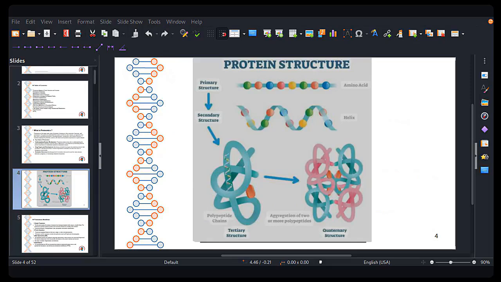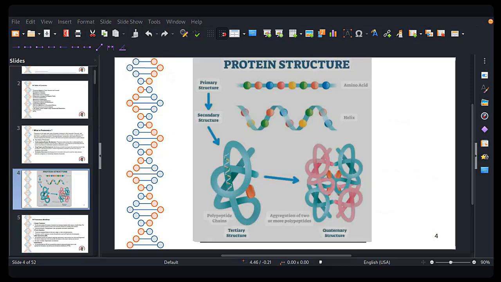If it's a simple chain of amino acids, it is the primary structure, and if it's in the form of alpha helix and beta sheets, then secondary structure. Then the overall 3D shape of the protein, resulting from the interaction between amino acids and the secondary structure elements, is the tertiary structure. Then the arrangement of multiple polypeptide chains forms the quaternary structure, right?